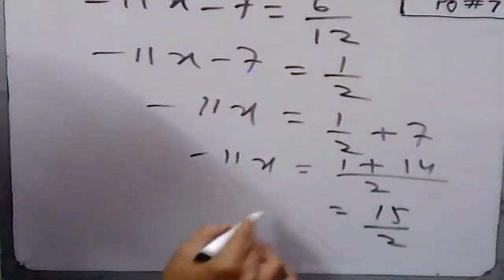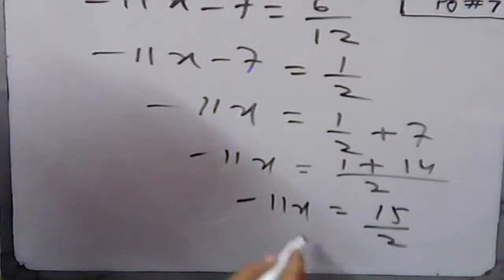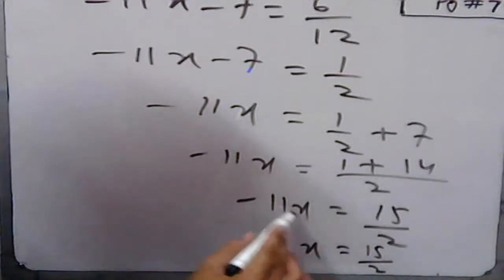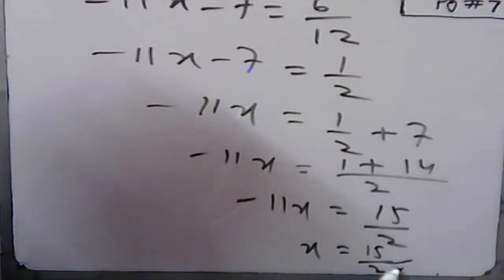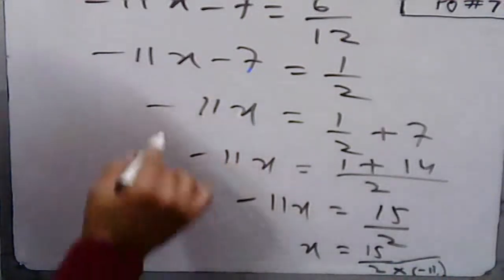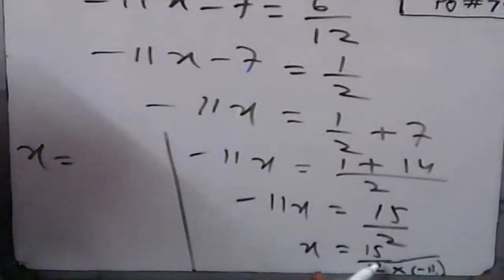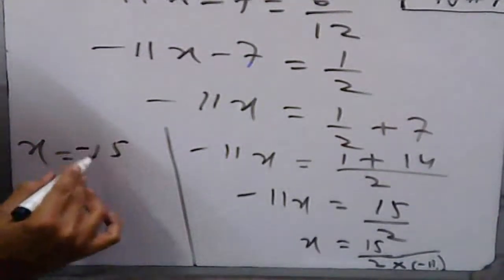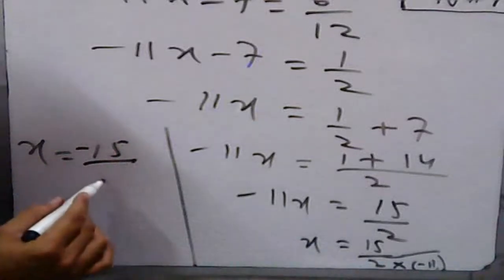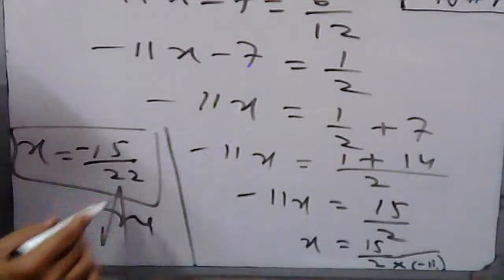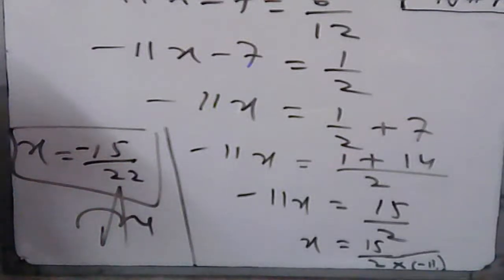So here is your minus 11x, we need the value of x, so by using cross multiplication it can be written as multiplied with minus 11. After simplification x is equal to 15, the minus would be written in front of this, 11 2s are 22, so the value of x is minus 15 by 22.